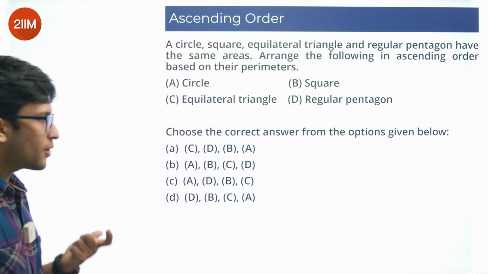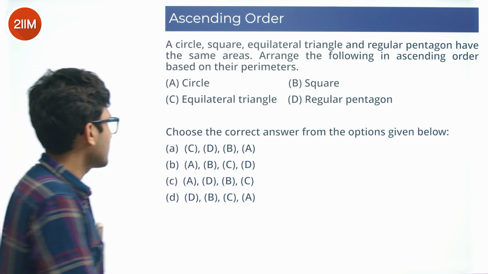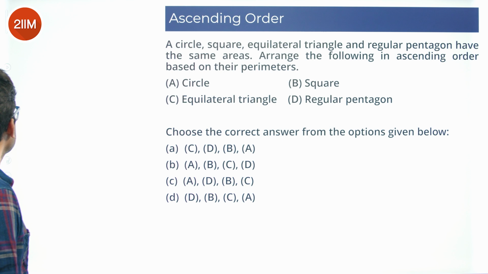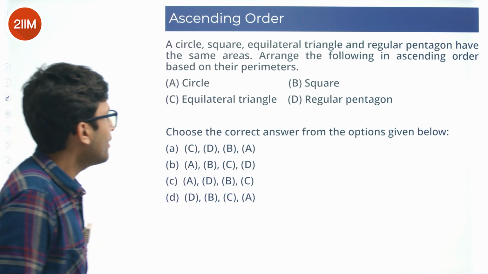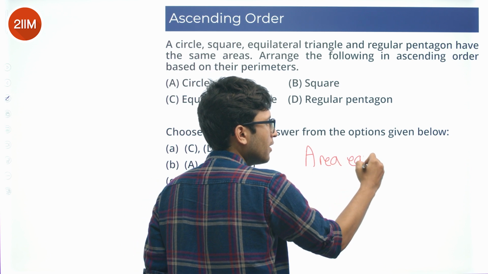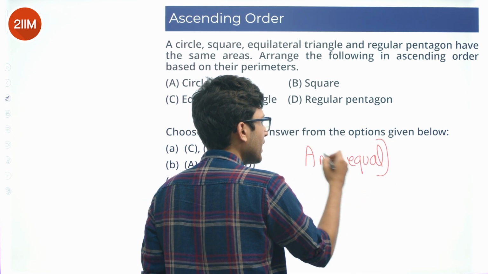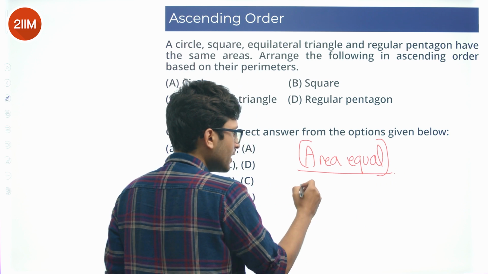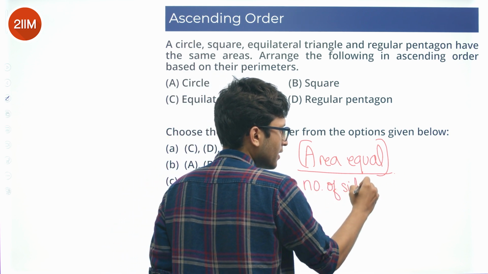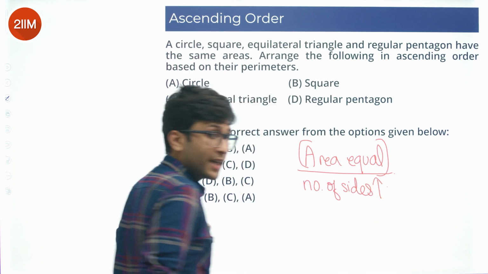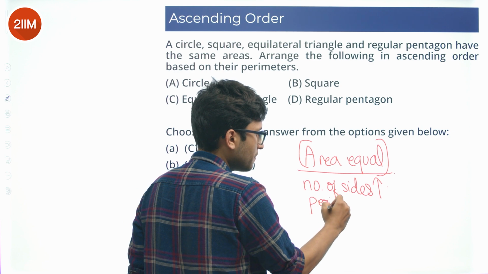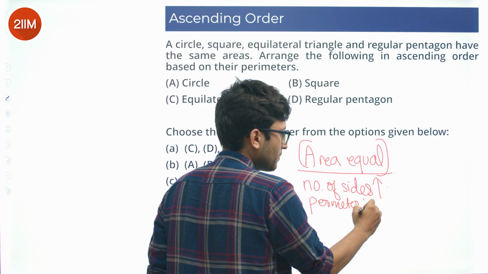First of all, it is on a very basic concept which we all know. The entire question is based on that concept, which is if the area is equal, then as the number of sides increases, the perimeter decreases.